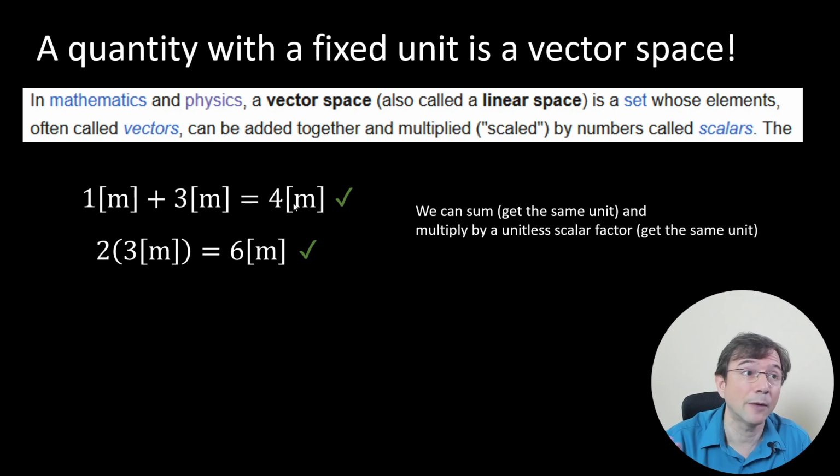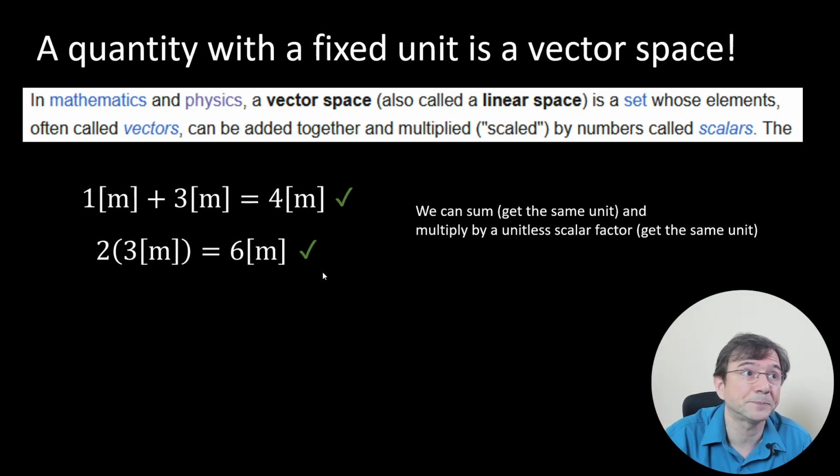Very good. We can sum meters. We can also take meters and multiply them by a scalar constant, something that is just a stretching or shrinking, so it's a pure number. So 2 times 3 gives us 6. Very good. So we have an addition and we have scalar multiplication. You see, this fits the definition, and so this is a vector space.